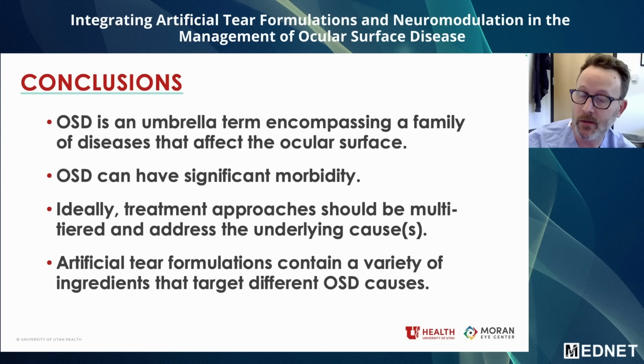You will find something that works better for you. And artificial tear formulations contain a variety of ingredients that are designed to target different ocular surface disease causes. So I'd like to thank you all for your attention, and I'm happy to take questions.